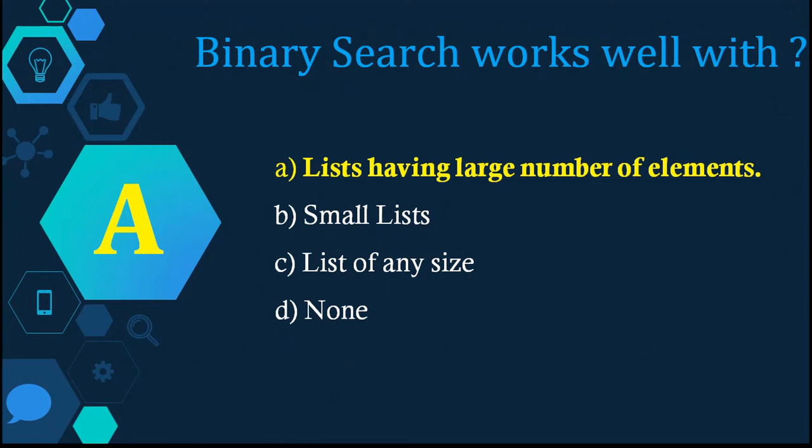And moreover, in binary search, every time we are dividing the list with 2 and we are searching only in the half region of the given array. So every time half of the space is unvisited, and again when we get the half list, it is again divided into half, so that the number of comparisons are few. So in that case we can say that binary search works well with large number of elements.